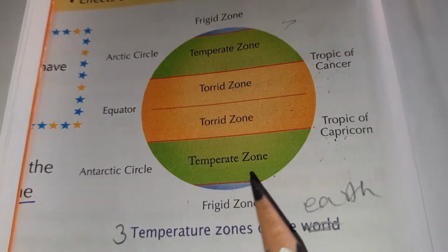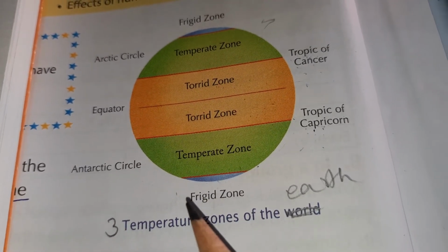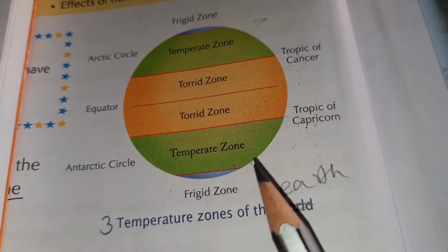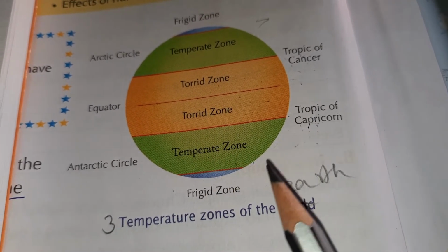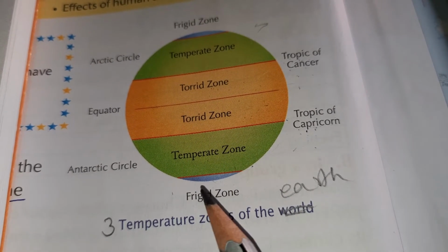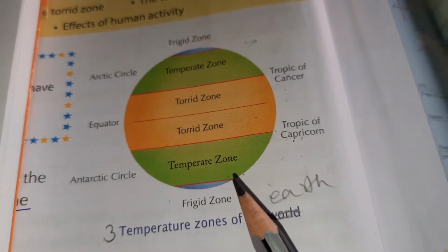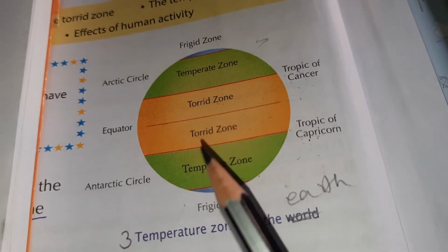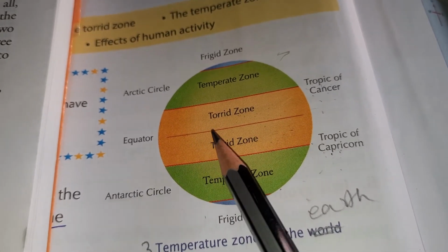Look at this diagram. This diagram shows three different temperature zones of the earth. Let us see where the torrid zone is. Here it is, the torrid zone.